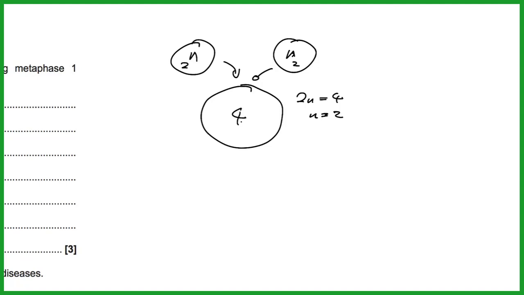Now at some point this needs to divide by meiosis. So within that cell there are 1, 2, 3, 4 chromosomes. Now interphase occurs and then prophase, so we end up with a cell with the replicated chromosomes, which look like this.